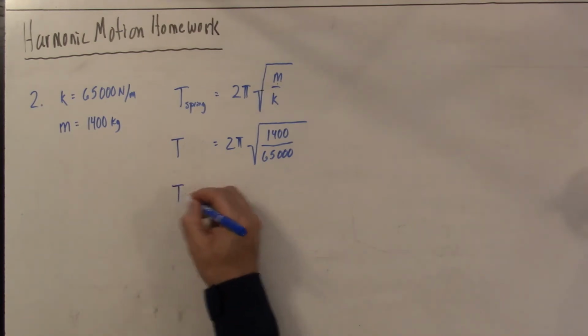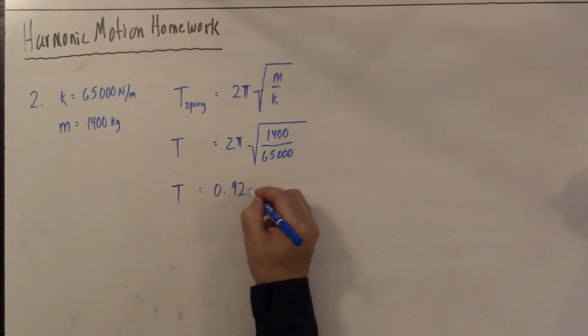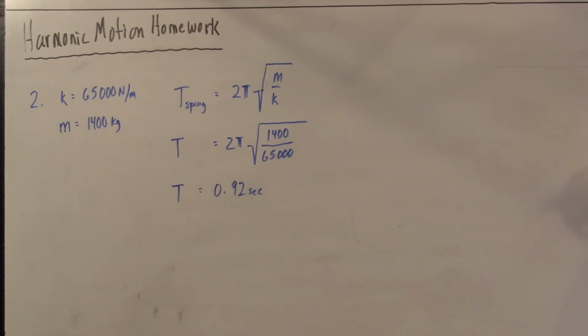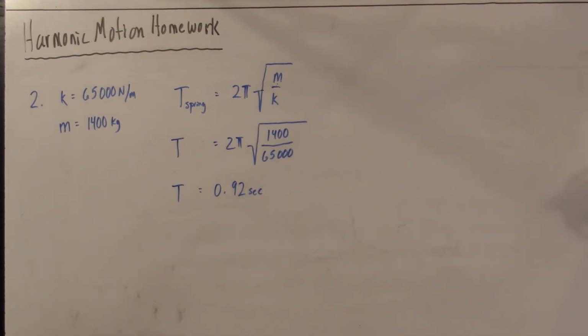So I got a period of 0.92 seconds. Let me check that again. There you go. So the period is 0.92, and that would be seconds per bounce.